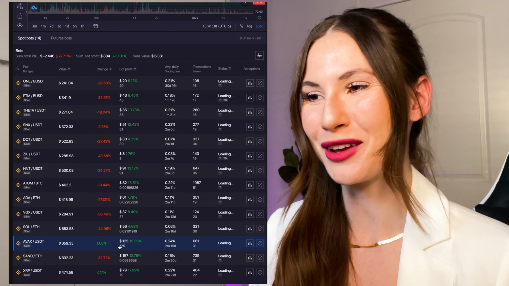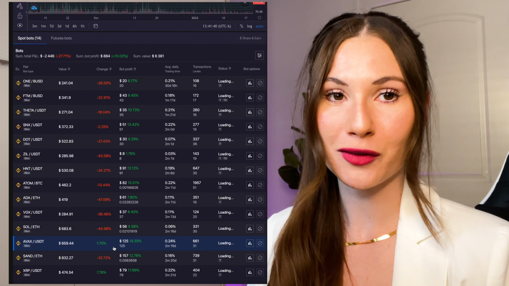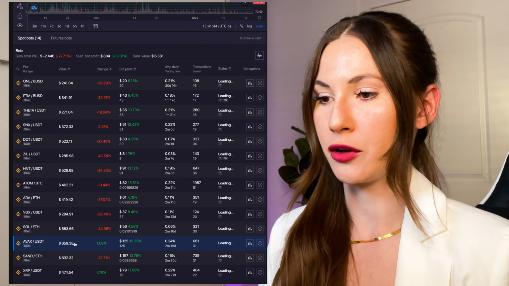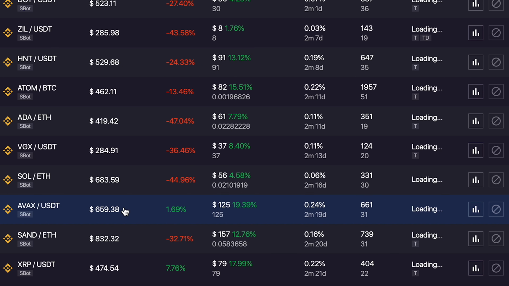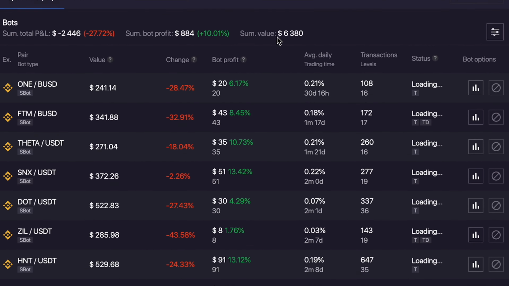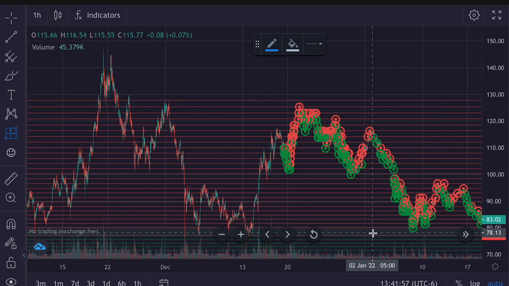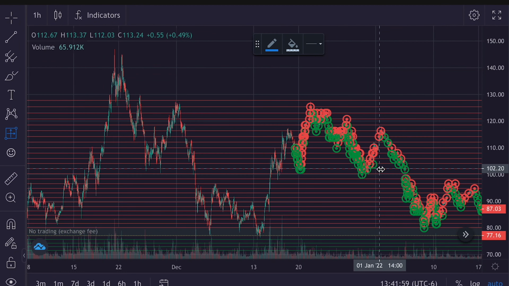Then the last component is how much capital you want to allocate to this particular grid bot. This bot has the equivalent of $659 allocated to it right now, so that means $659 will be distributed across those 31 levels in the grid.